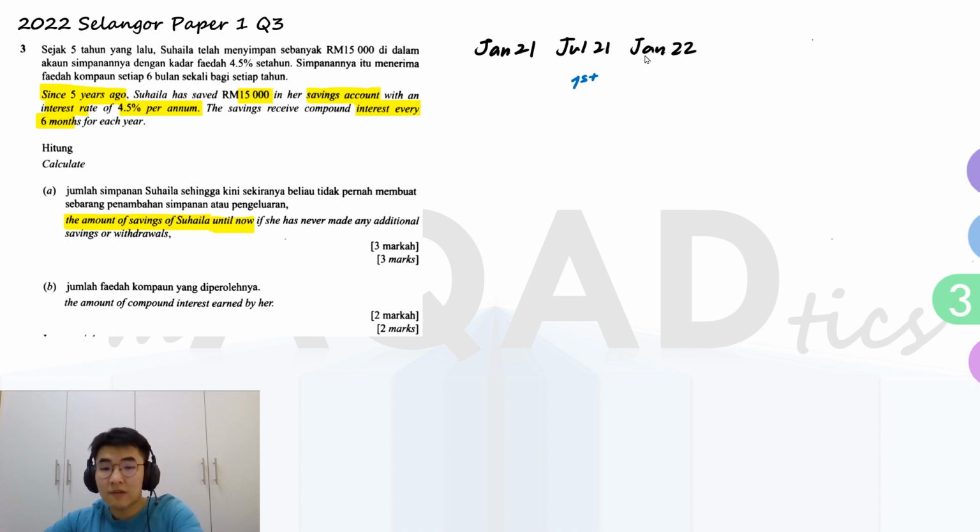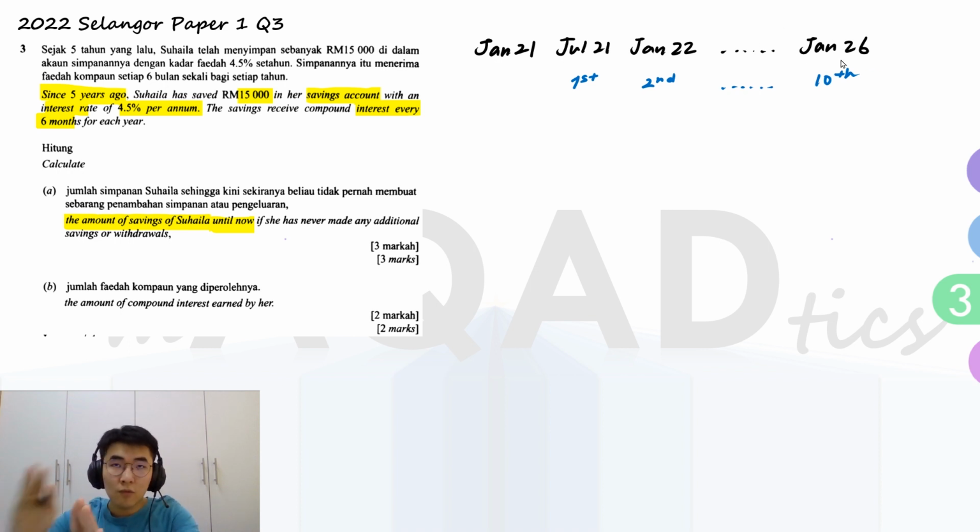After 6 months, which is January 2022, receive another payment, which is the second one. So after 5 years, which is January 2026, she will receive her final amount, or the 10th interest payment. Alright, so now we need to find the amount of savings during this date, January 2026.